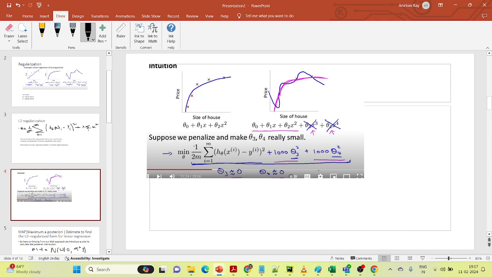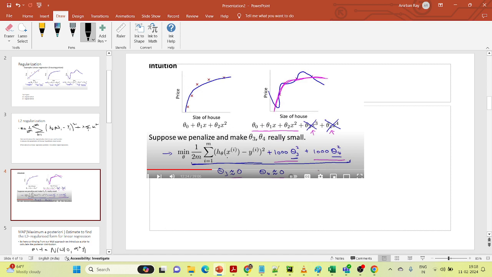Cost function or loss function. If we make it too large, then theta 3 and theta 4 have to be very small to minimize this function.